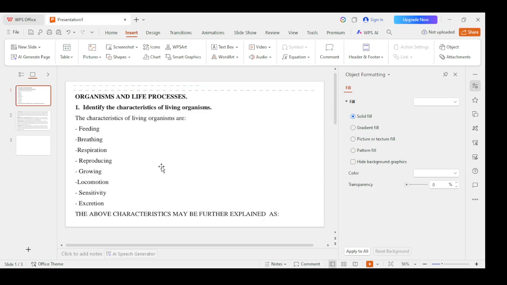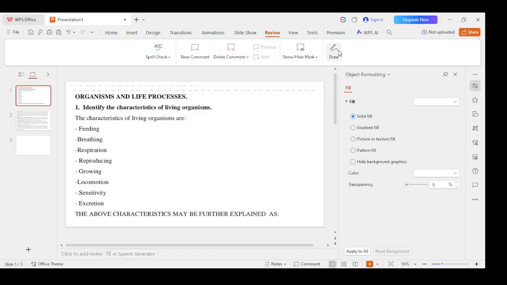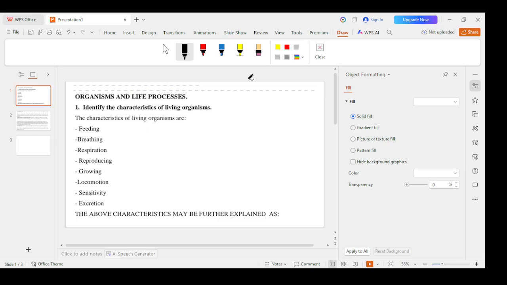We have a number of features of living organisms. The first feature is feeding. We have breathing, respiration, reproduction, growth, locomotion, sensitivity, as well as excretion.